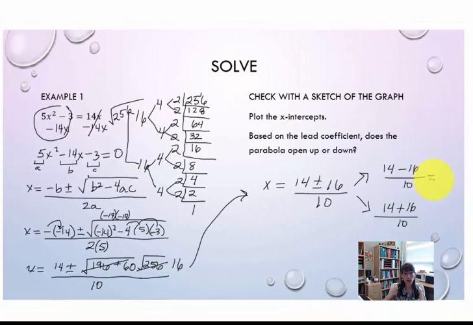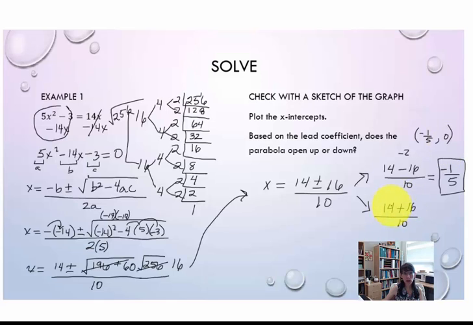So when I simplify, 14 minus 16 would give us negative 2 tenths. Negative 2 tenths can reduce to negative 1/5. So one of our zeros is negative 1/5, or you could say one of your x-intercepts is negative 1/5. As an ordered pair, that would be negative 1/5, comma 0.